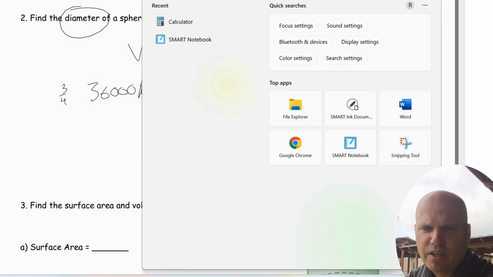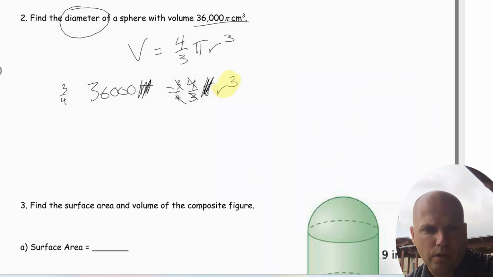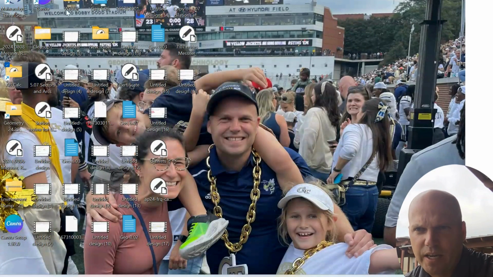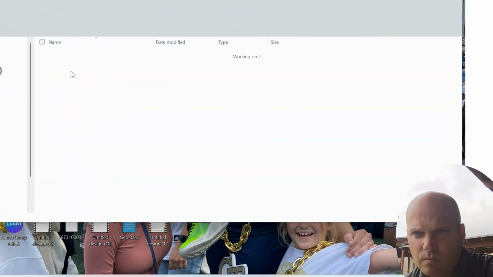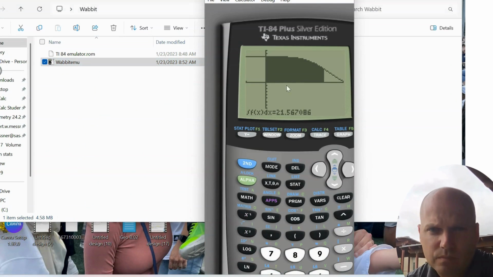Let's get out our scientific calculator, or your graphing calculator. I'm going to get out the graphing calculator so I can show you what it looks like on your graphing calculator if you're using it.